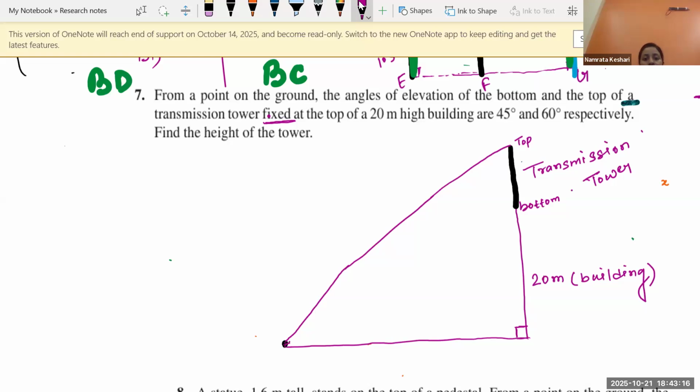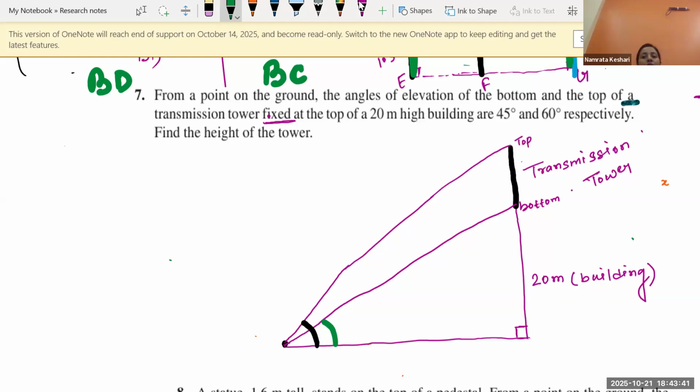Making sense? Yes, ma'am. So one angle of elevation is this complete one and another angle of elevation is only this much. Angle of elevation always gets created with the horizontal line, and this ground level is working as a horizontal line.